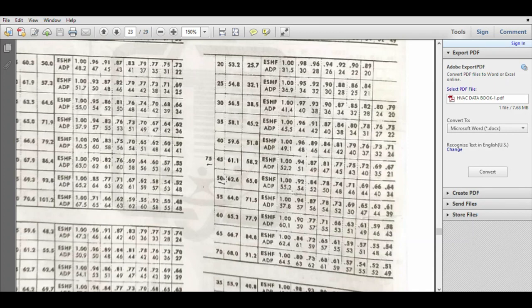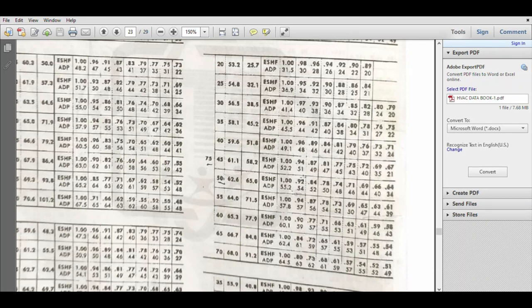Okay, in this row we will check for ESHF. Dry bulb temperature 75 and relative humidity 50. We will check ESHF in the same row. So ESHF we got 0.95. So here 0.95 is not there.